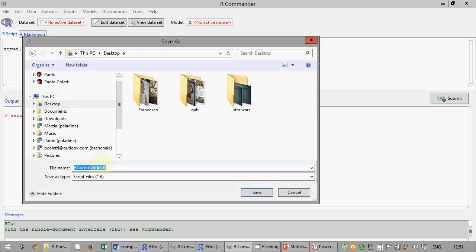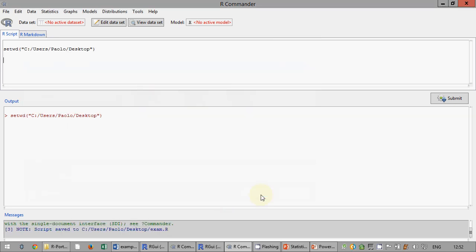On your desktop, give it a name, exam, for example. If you don't see the extension now on your computer, please go back to the precourse. You must see the extension .r. If you don't see it, don't try to put it manually, but go back to the precourse.